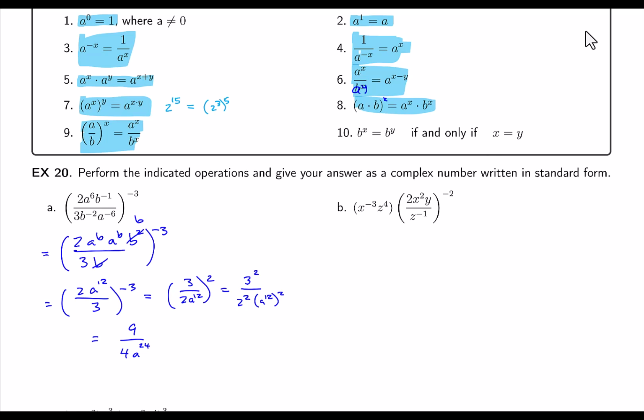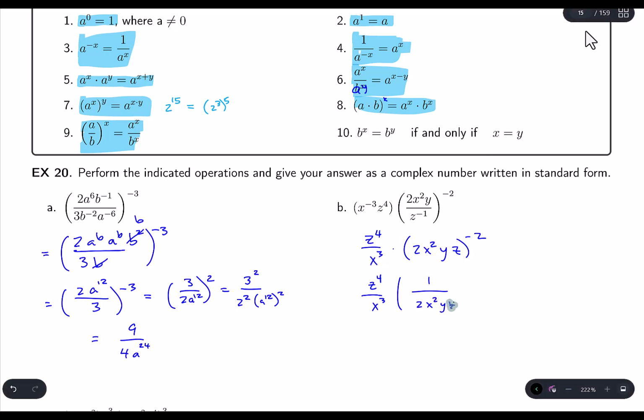All right, so let's see. I could start off with the negative exponent. So z to the 4th over x cubed takes care of that one. And then this would be 2x squared y z to the negative second. All right, now because that's to the negative second, that means everything in that set of parentheses gets inverted. So this is really 1 over 2x squared y z.